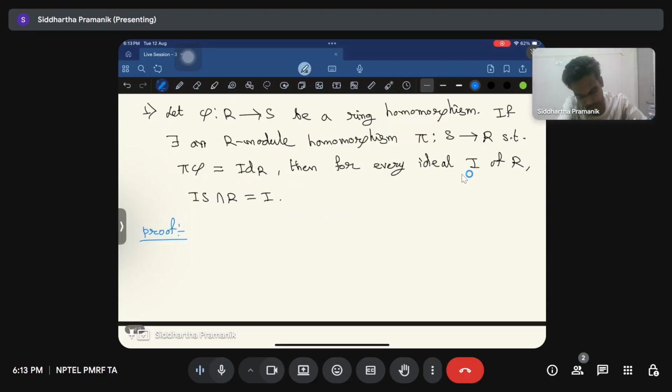So one side always holds. I is a subset of IS intersection R. So this holds always.